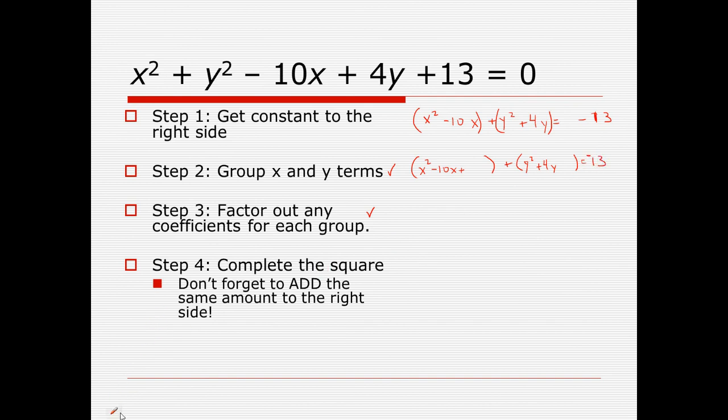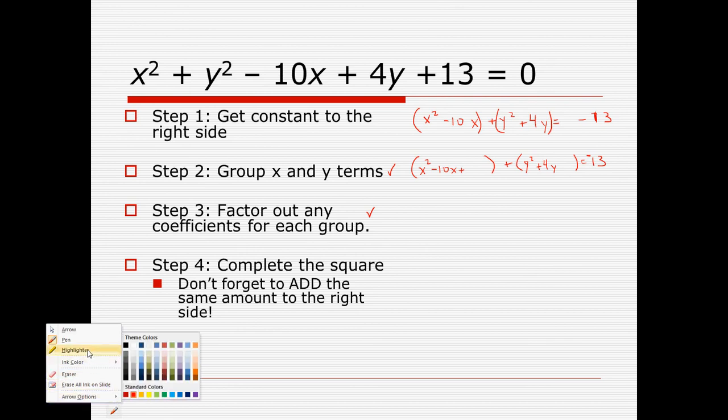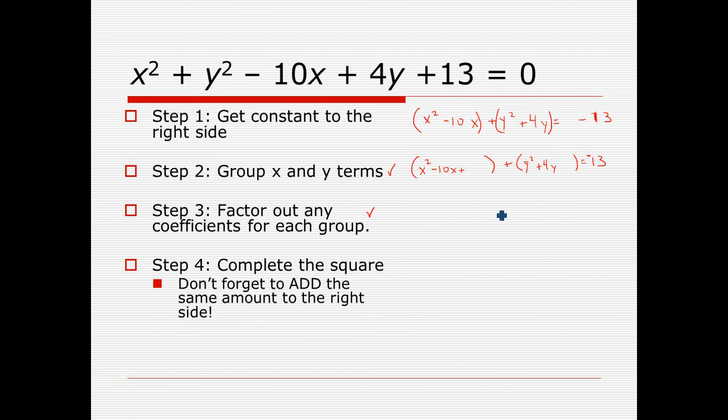See if you can follow this as well. This is one of the reasons why I practiced this in our unit on parabolas. I knew you were going to use it here, and you were going to need to be fast. I'm not going to go through this. You have notes back on complete the square. Once you have a coefficient of 1 here, you need to divide the middle term by 2.